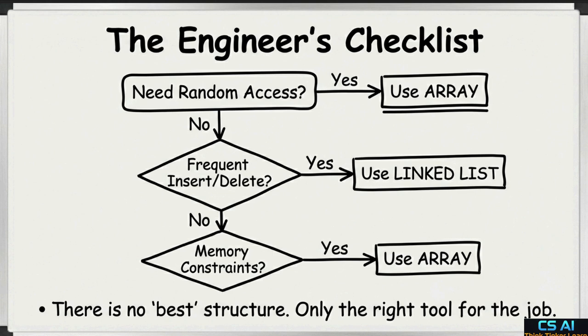If no, then consider if you have strict memory constraints. If yes, an array might be preferable due to its potentially lower memory overhead compared to a doubly linked list. The key takeaway is this: there is no single best data structure. The optimal choice always depends on the specific requirements and constraints of the job you're trying to do.